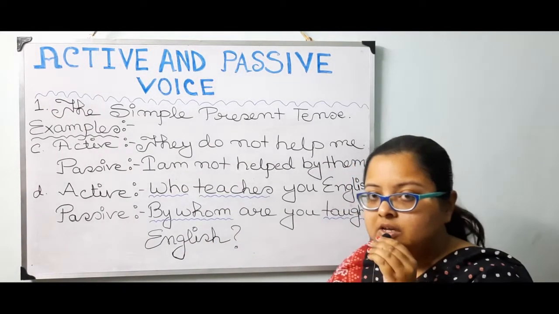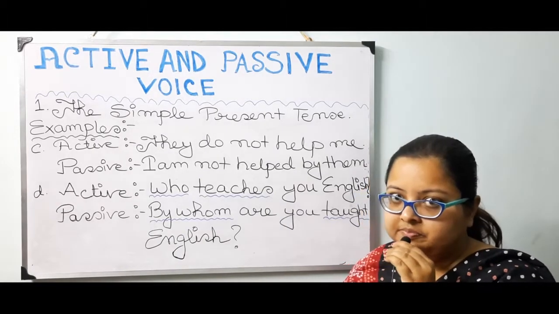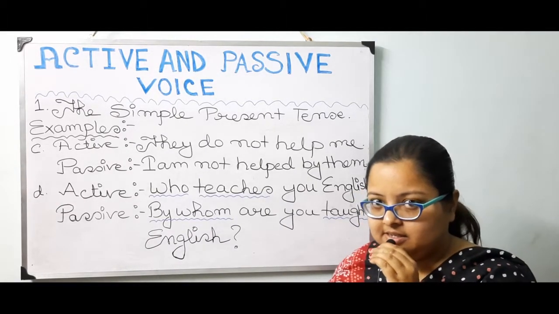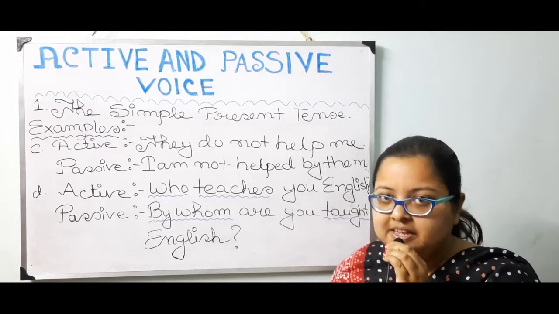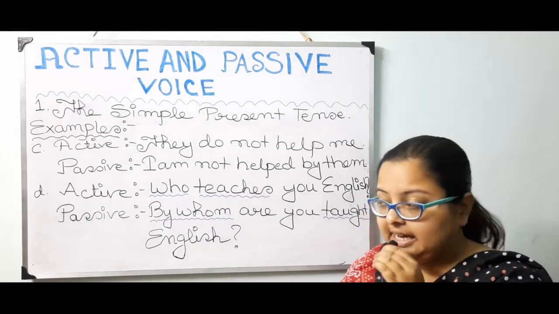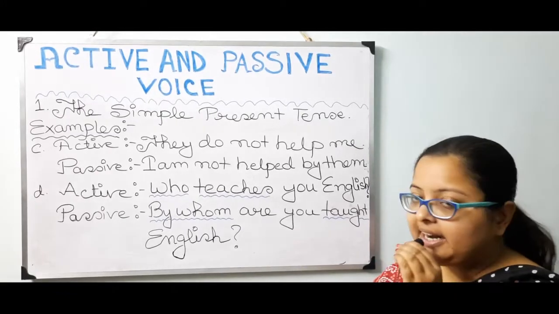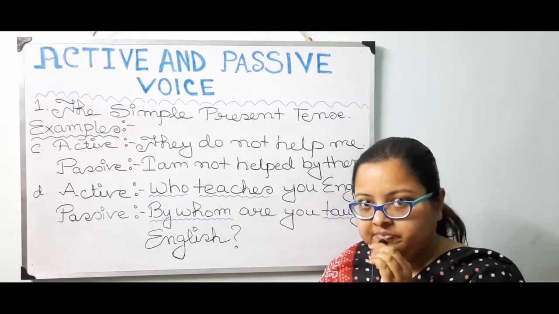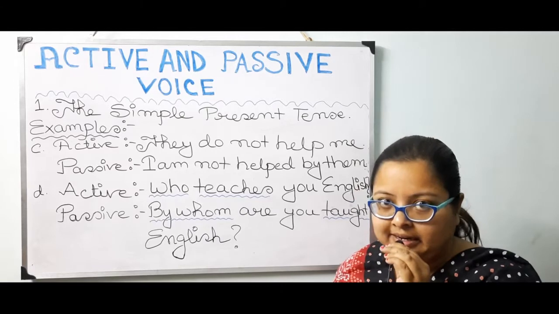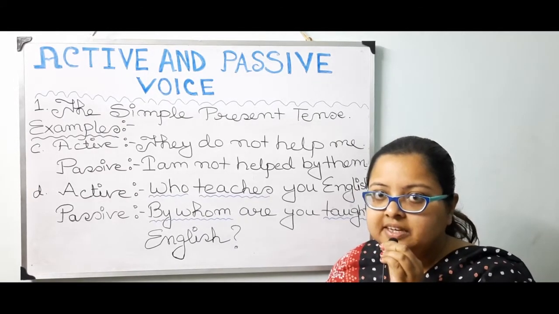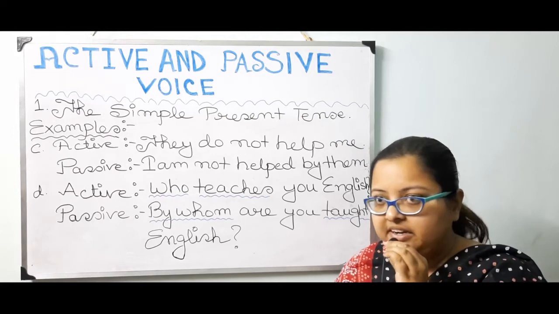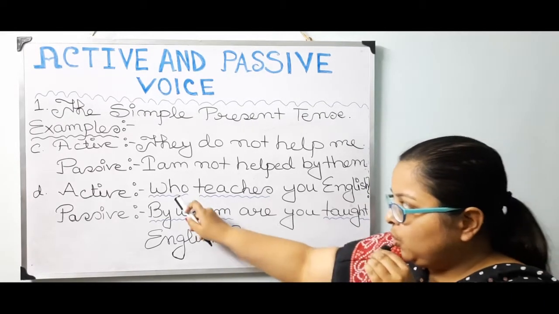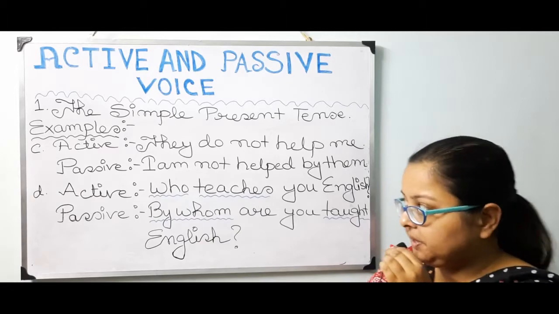So students, when we will write any sentence, or when we will convert any sentence from active to passive, basically in case of interrogative one, means when you are questioning, or when you are writing an interrogative sentence, the rule will be a bit different. See, who is turning into by whom over here.